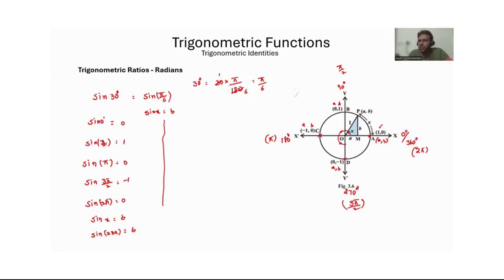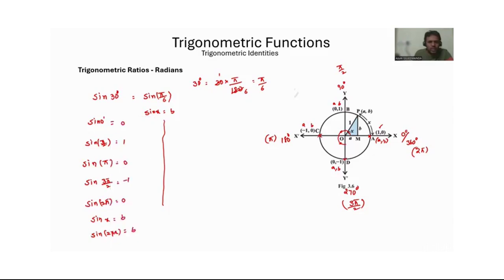Like sin 0 is 0, sin 360 is 0. Similarly sin 720, which is 360 times 2, that means 2 cycles, 2 revolutions. Understood? So that is also 0, right? And times 3. You're following? So what we can say is sin of 2nπ, 2nπ, guys. Okay?